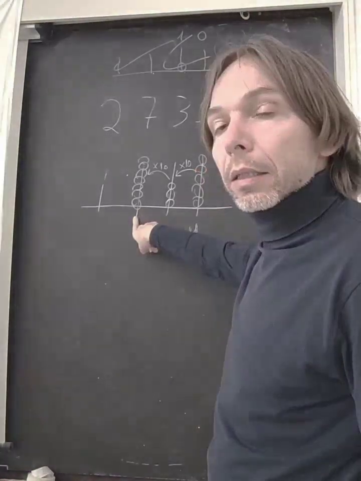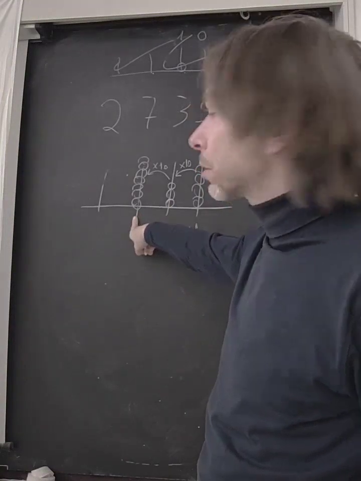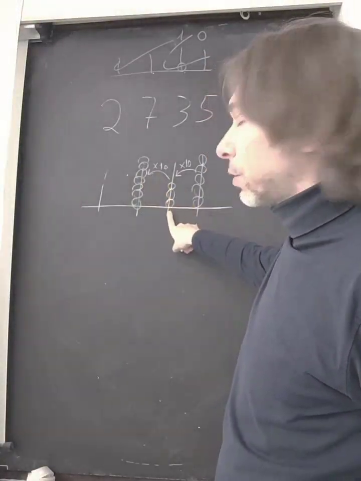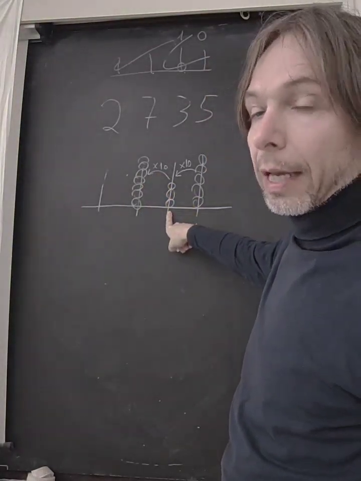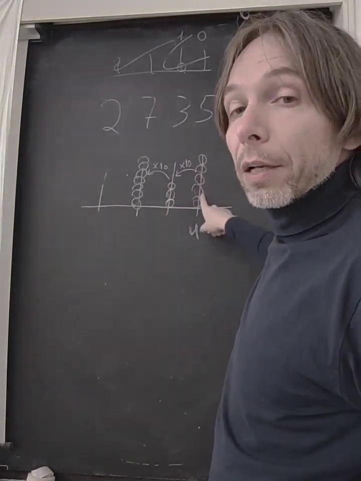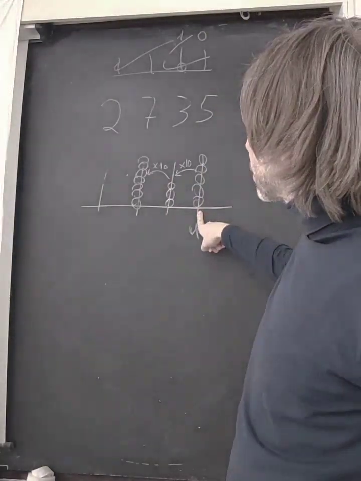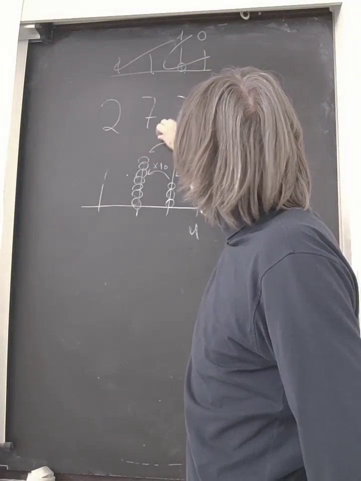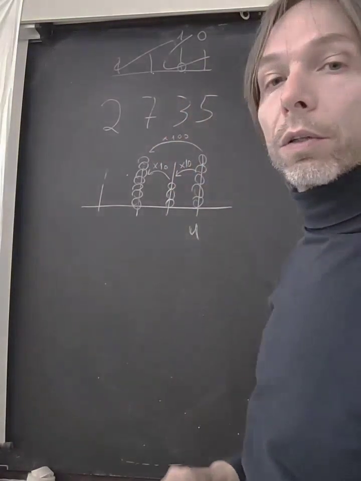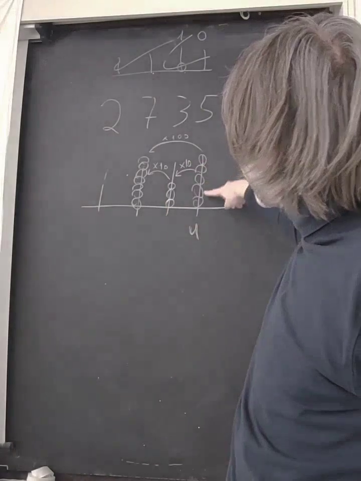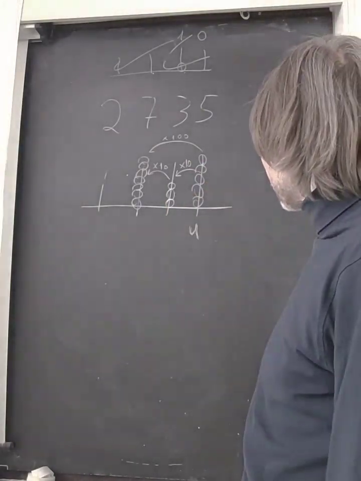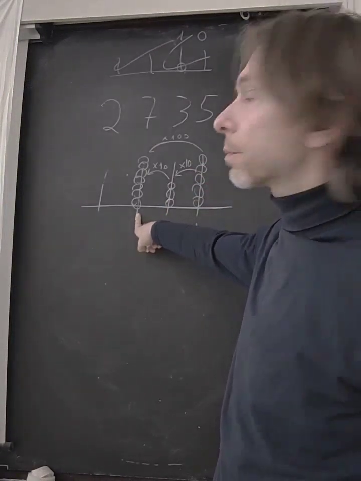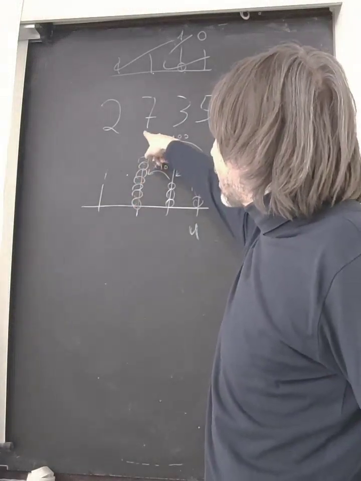So each one of these balls has got a value of 10 times this one, and each one of them has got 10 times the value of these balls. So, in total, each ball here has got 100 times the value of any ball here. So each ball here is 100 apples, and this means I have 700 apples.